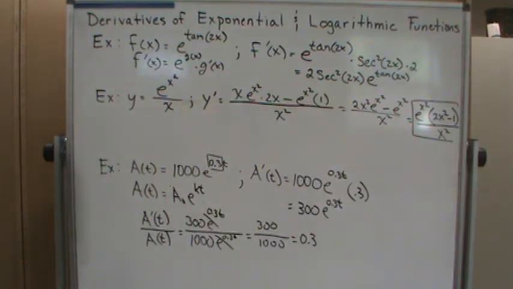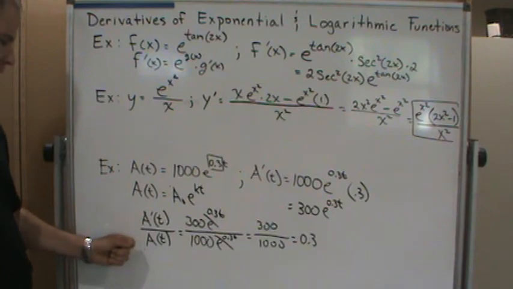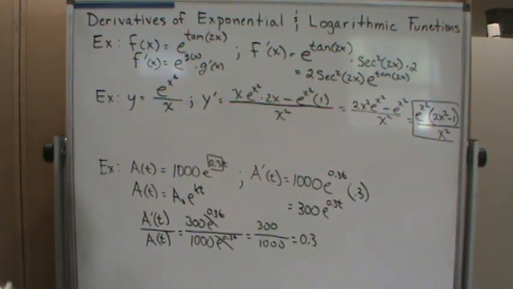And that's it. So we just showed that the ratio of the derivative to the original function is constant. So the ratio of the rate of change of the population to the population is the constant 0.3.